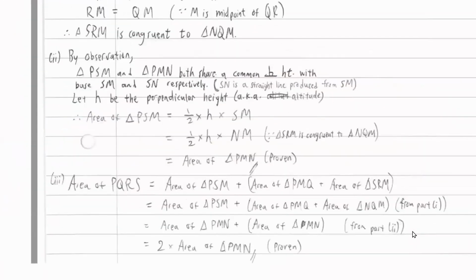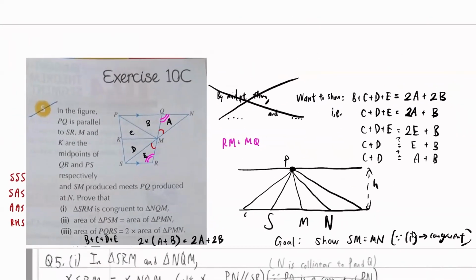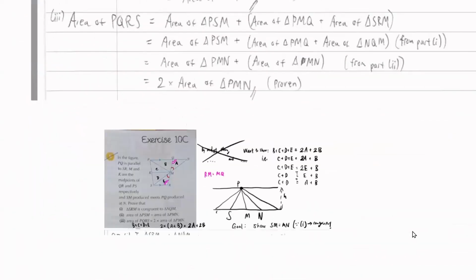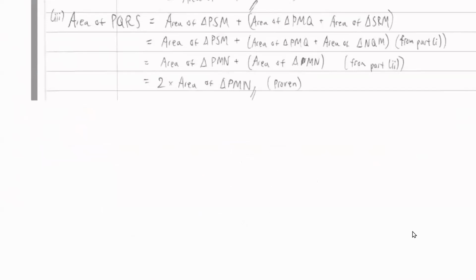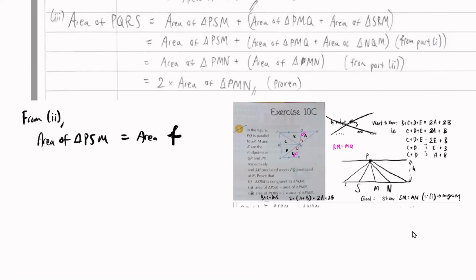Let me try and rewrite this. Okay, I'll just use the same notation A, B, C, D. So what I can do is to say that from part 2, we can conclude that area of triangle PSM is equals to area of triangle PMN.